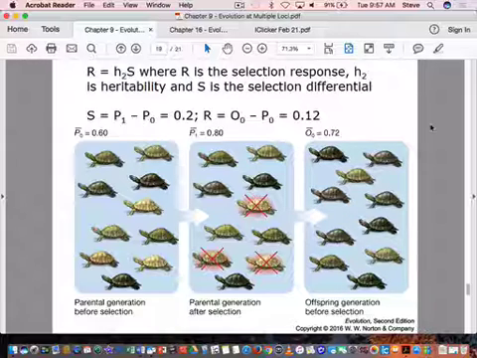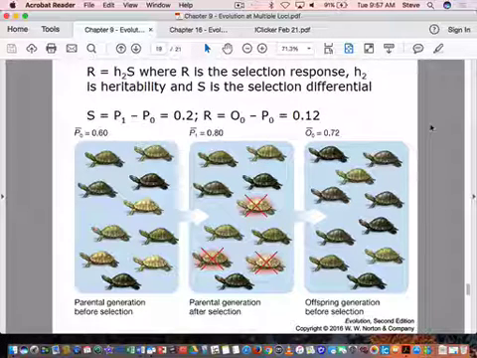If the heritability were 1, what would the outcome be? What would this value be? Yep. If this were a highly heritable trait, this would actually be 0.8. That's what would happen in that particular case.